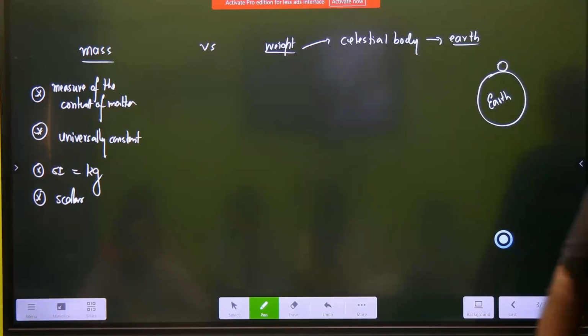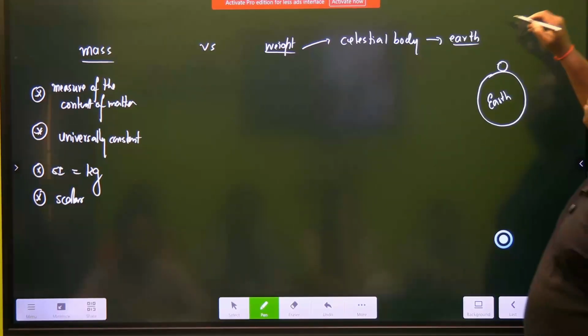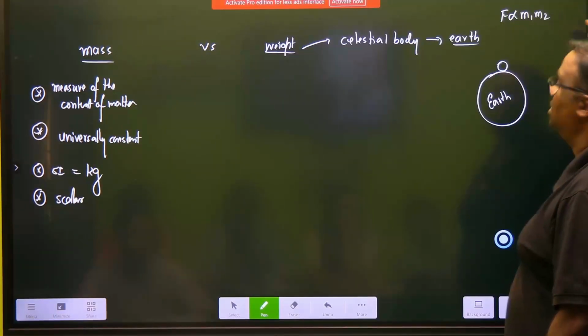Right? First understand. Like you read about Newton's laws, there is Newton's law of gravitation. Newton's law of gravitation says every body in this universe, we are talking about the whole universe, not just your Earth, attracts every other body with a force which is directly proportional to the product of their masses.